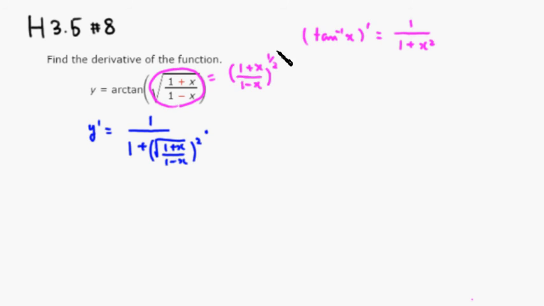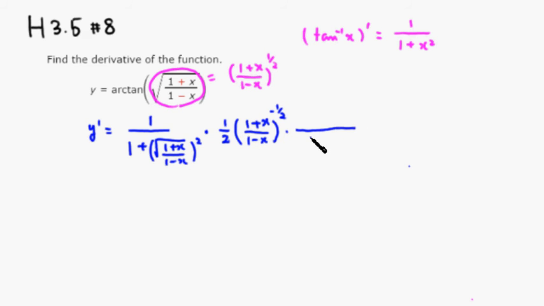Right, so this is the inside function, so we take the derivative of that. Put 1/2 in front, keep the inside function as it is, then subtract 1 from the power, so it's a negative 1/2, then multiply by the derivative of the inside function, so we'll have to use the quotient rule there.